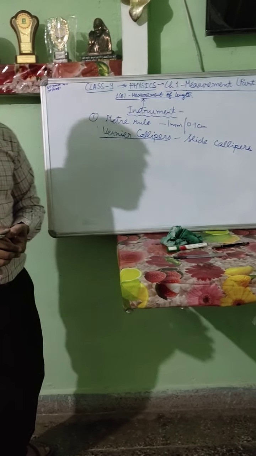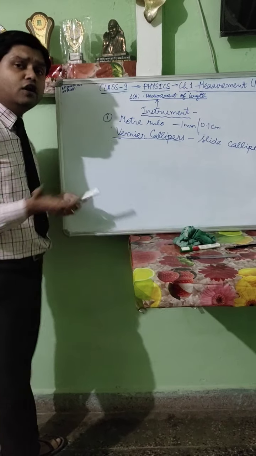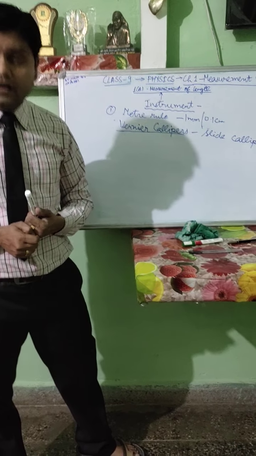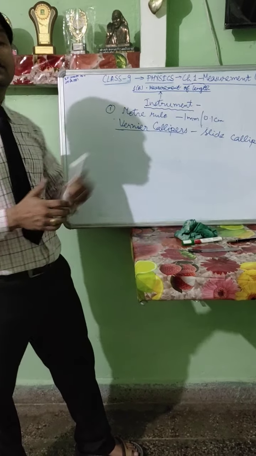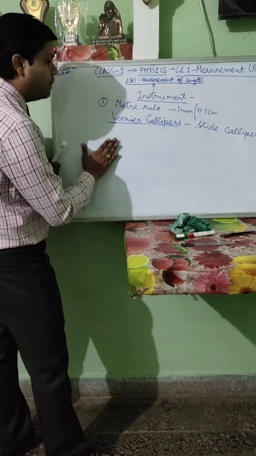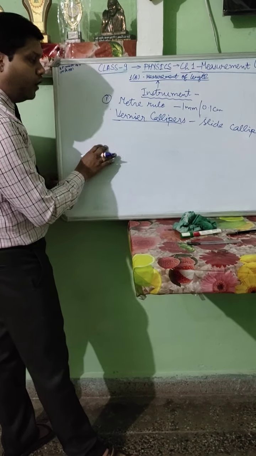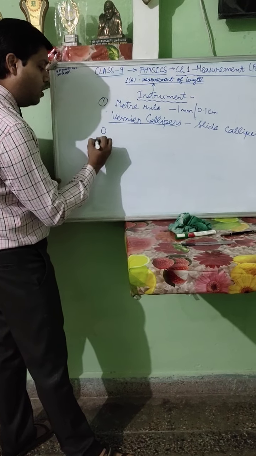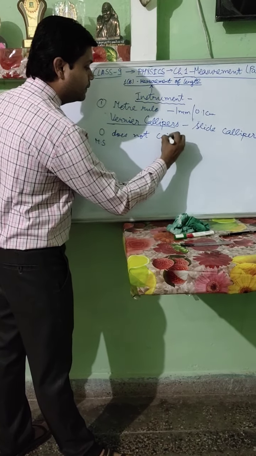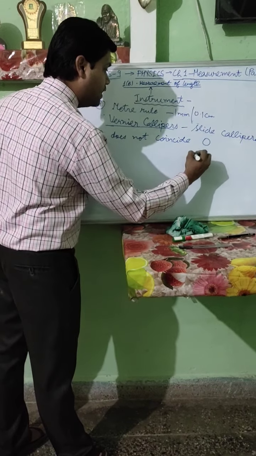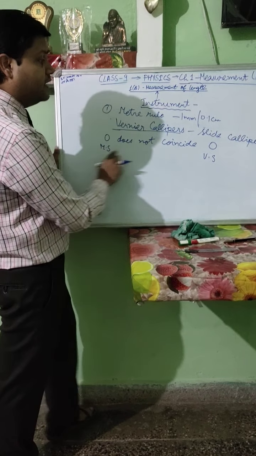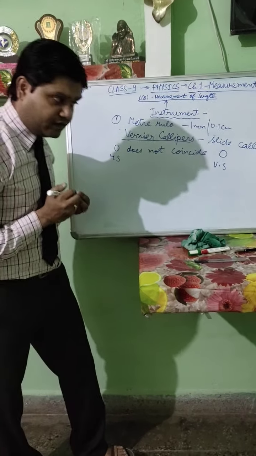Sometimes there is some mechanical error in the vernier calipers. We all know that machines are not 100% efficient. They are not giving 100% accurate results. Because of wear and tear, many machines get corroded. So because of some mechanical error in the vernier calipers, what happens? The zero mark of the main scale does not coincide with the zero mark on the vernier scale.